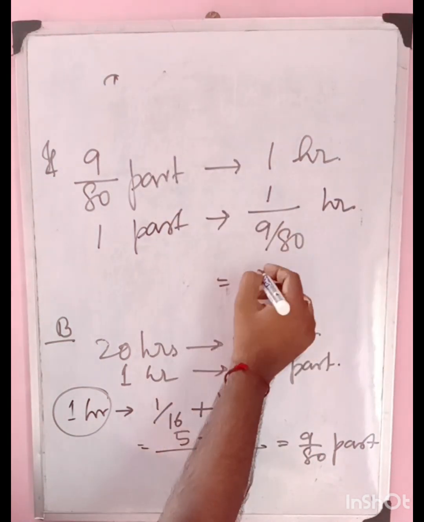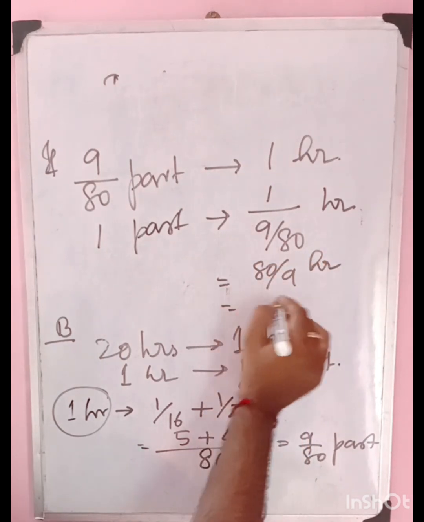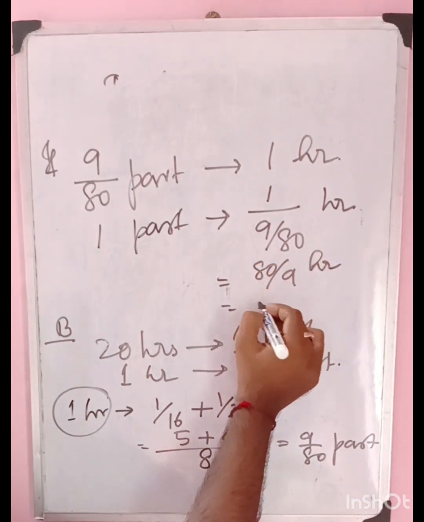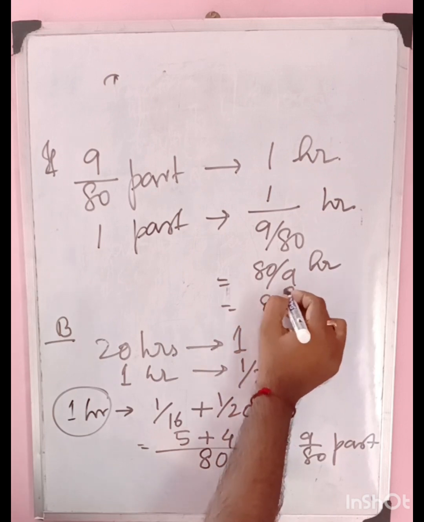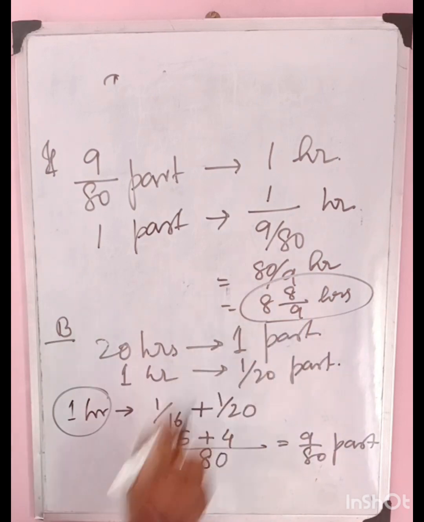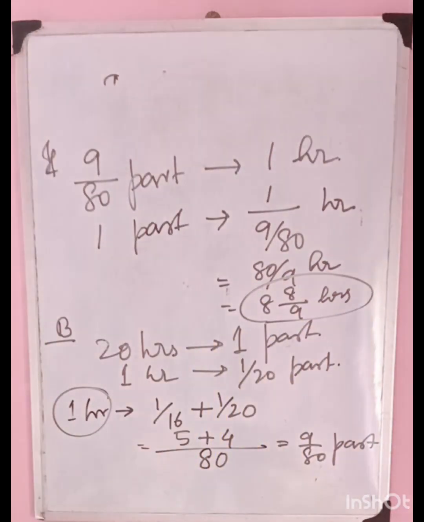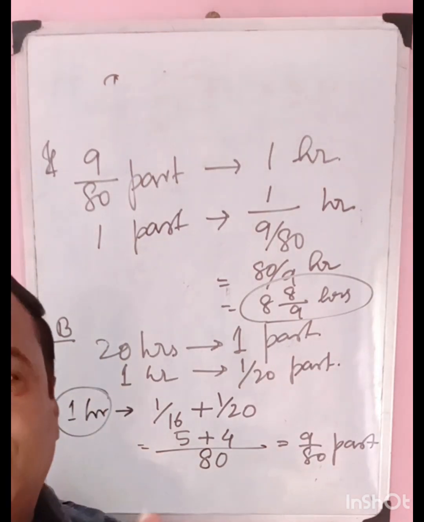So it is the reverse, 80 by 9 hours, that is 8 whole 8 by 9 hours. This is your answer.